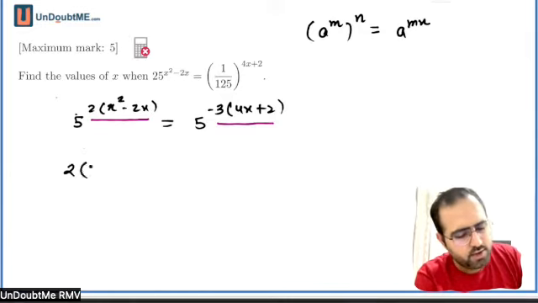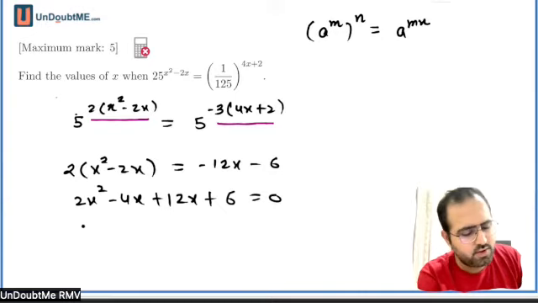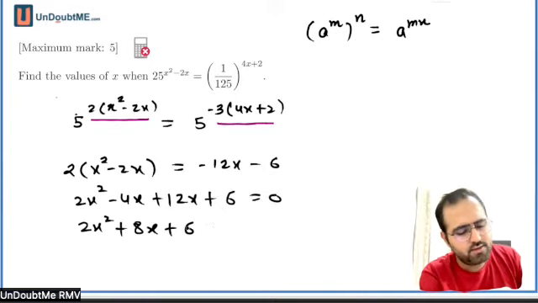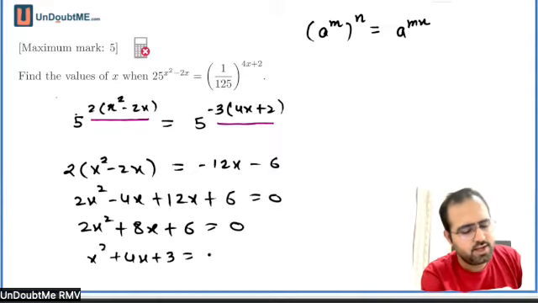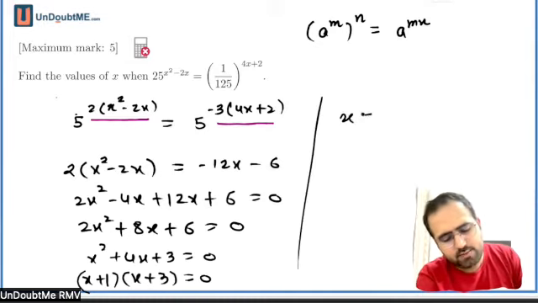So that will be twice of x square minus 2x is equal to minus 12x minus 6, 2x square minus 4x plus 12x plus 6 is equal to 0, and that will be 2x square plus 8x plus 6 is equal to 0, x square plus 4x plus 3, that will give me x plus 1, x plus 3 is equal to 0, and very comfortably I can get x equal to minus 1, minus 3.